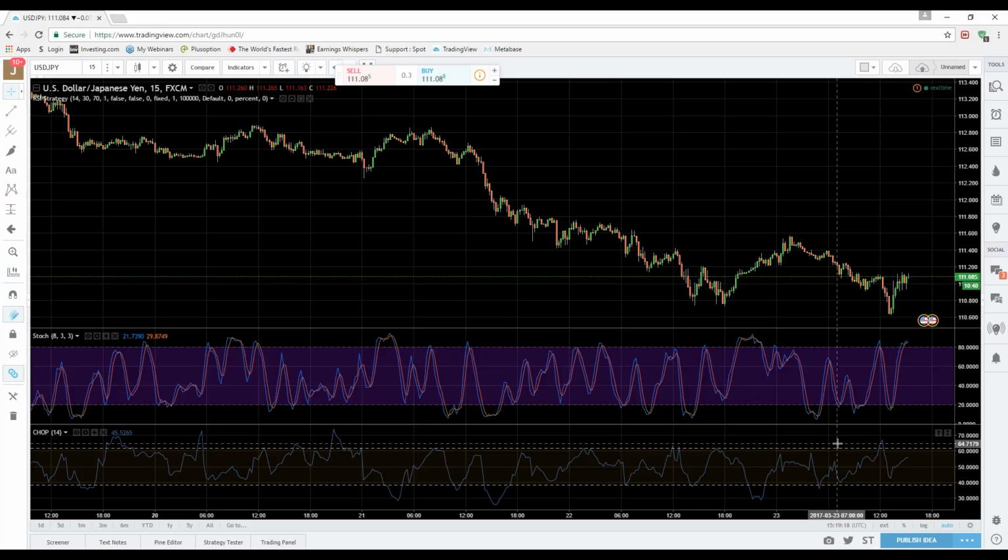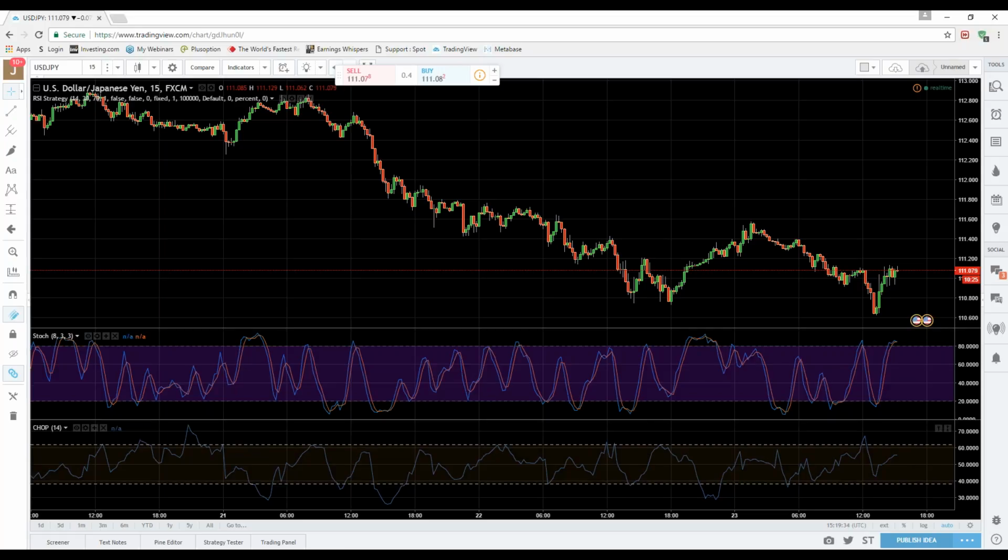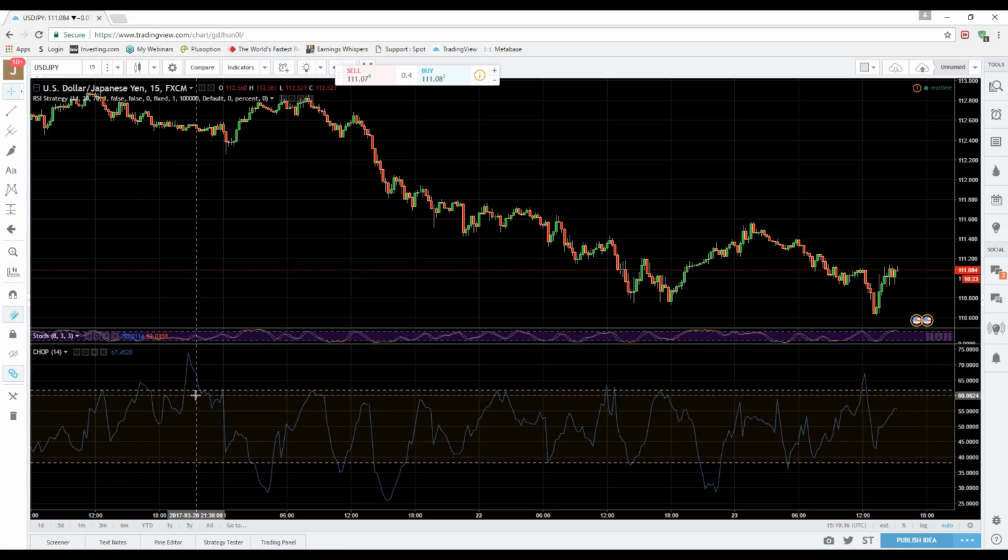And if the choppiness index continues to move towards 38.2 and below, it is a strong signal to maintain positions in the direction of the breakout. Okay, so let's zoom in here and see if we can match up what's going on between these two.